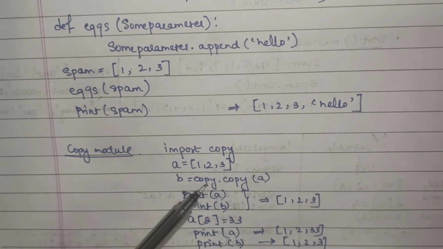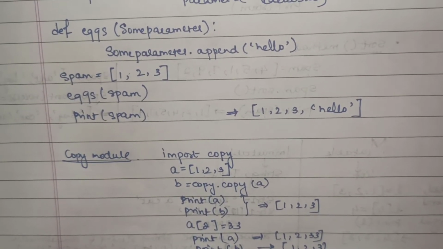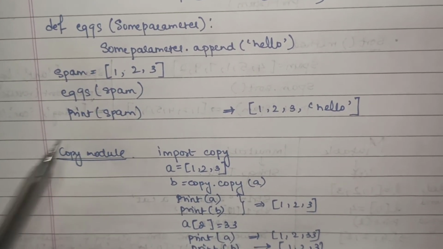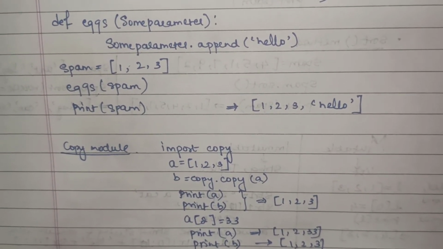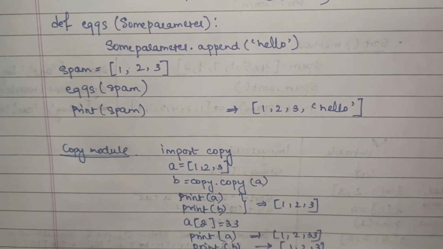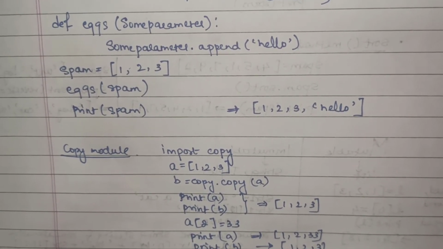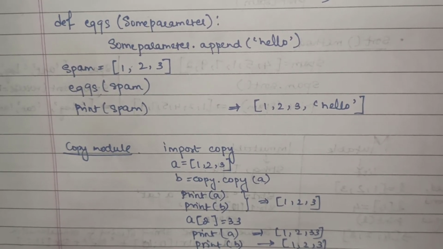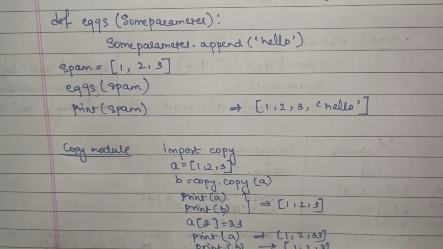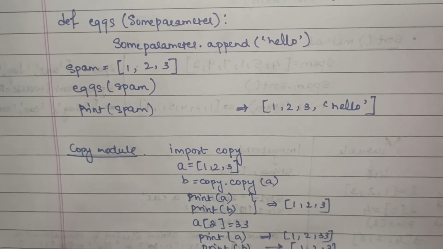So here a of 2, that is index 0 1 2, the 3 will be changed to 33, and b will remain as it is. So in the reference concept with respect to lists, if we change the variable we originally assigned the list to, the other variable assigned the same list also changes. But if we use the copy module, that won't happen, and it behaves like it does in the case of variables. So that is about the copy module.